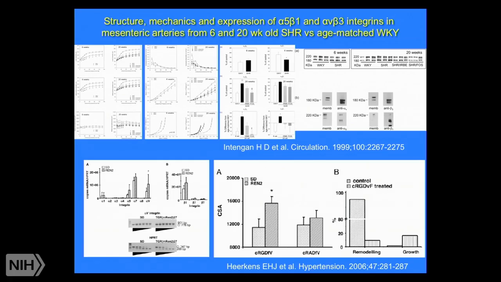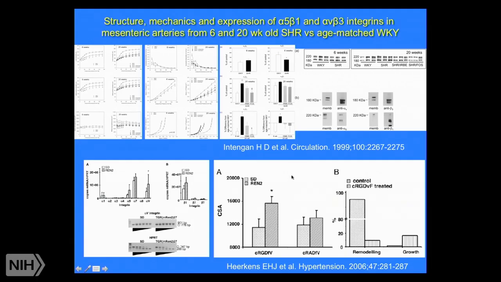These are the molecules to which the extracellular matrix components adhere, and particularly in the case of alpha V beta 3, which is the fibronectin receptor, or alpha 5 beta 1, we were able to show enhanced expression of these integrins in this particular paper in spontaneously hypertensive rats, which could be modulated by treatment with inhibitors of the renin-angiotensin system, such as ACE inhibitors, fosinopril in this case, or an angiotensin receptor blocker, irbesartan.